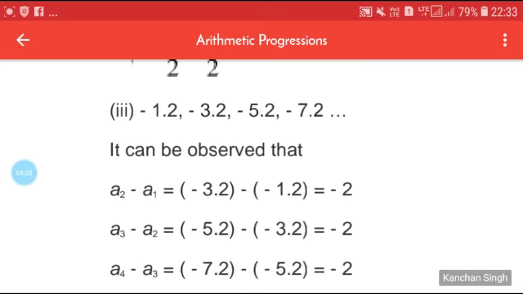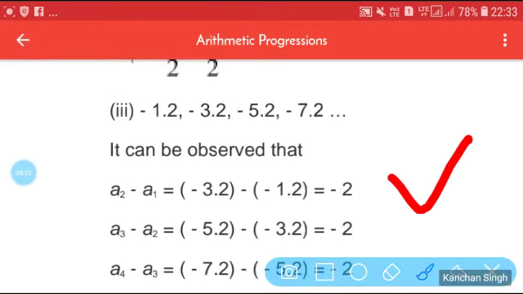Now let us see the third one: minus 1 by 2, minus 3 by 2, minus 5 by 2, and minus 7 by 2. Again a2 minus a1: minus 3 by 2 minus minus 1 by 2 becomes minus 1.